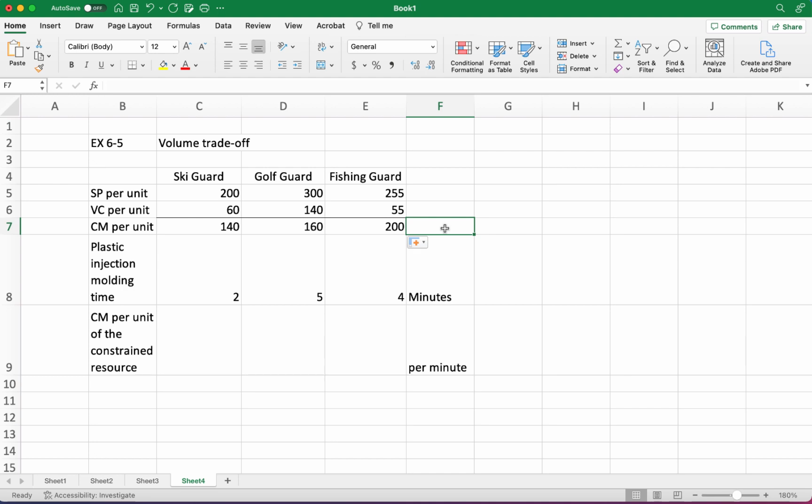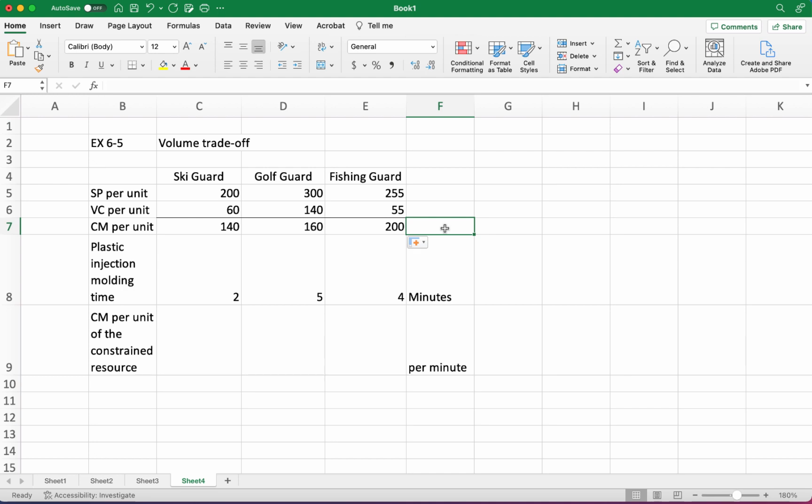Conceptually, that's what the contribution margin is. So just by looking at what we have so far, one would think that the fishing guard gives me the most contribution margin per unit, so I should just focus on producing and selling the fishing guard. Well, that's not totally correct.